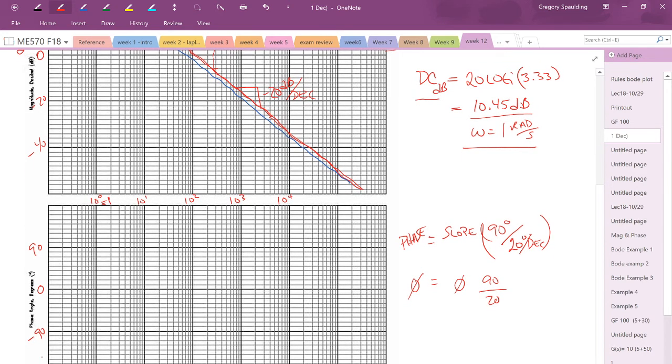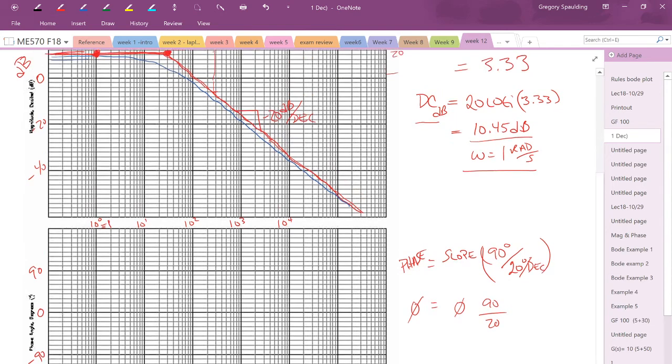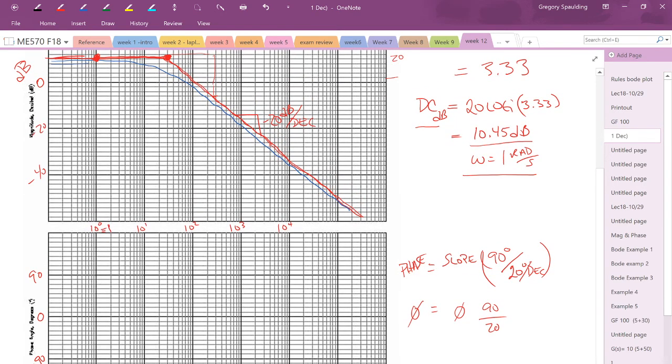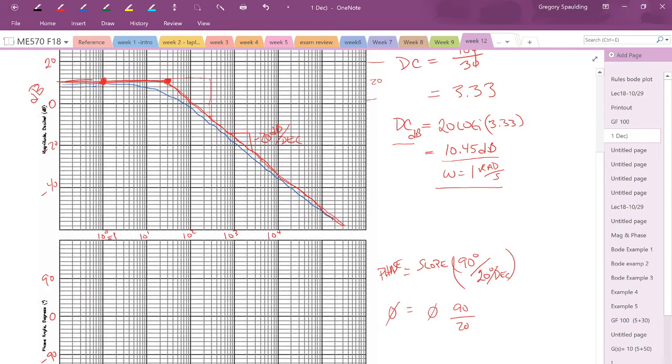You notice I'm labeling in increments of 90 because that's convenient for us. Initially our slope is equal to 0, so our phase is equal to 0. So we're going to run out here to 30, and that's going to be our phase.